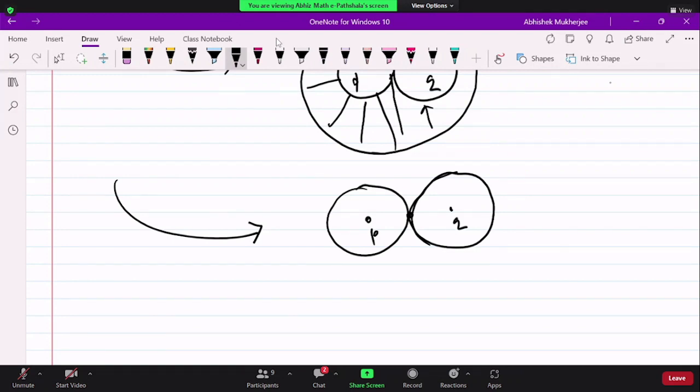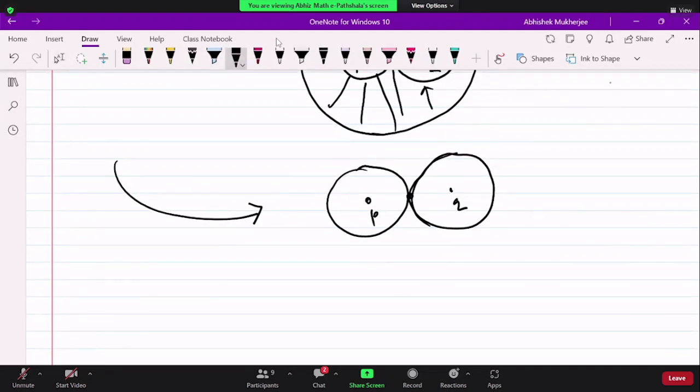And now what you are doing, since here is a puncture at P, here is a puncture at Q, you are projecting the other points to these boundary circles.